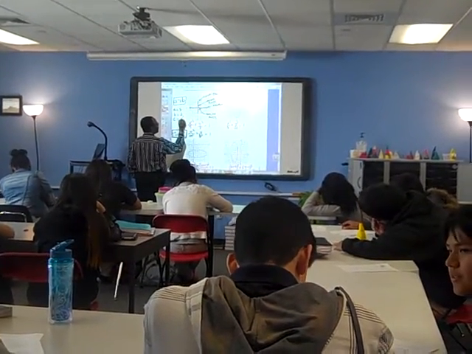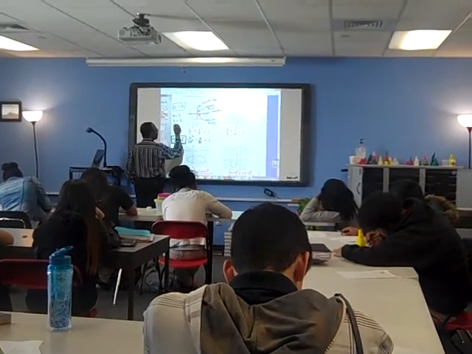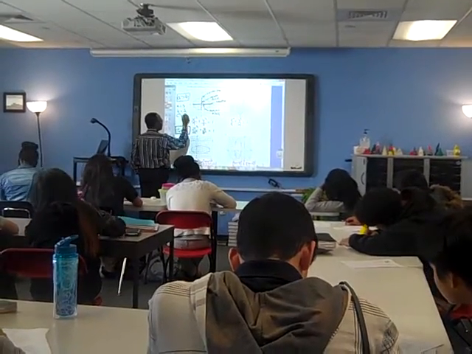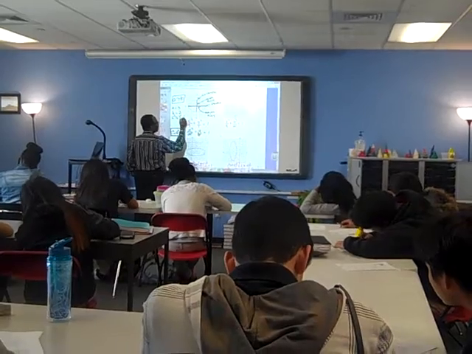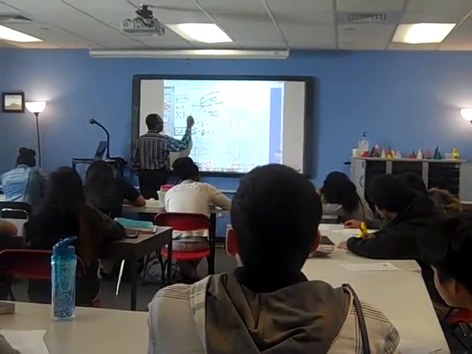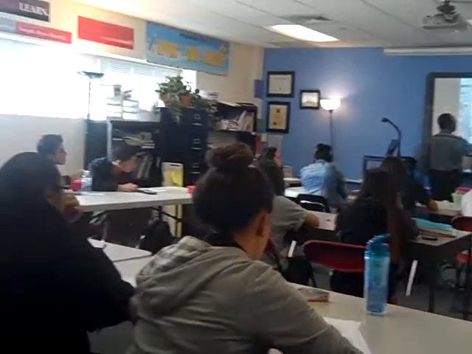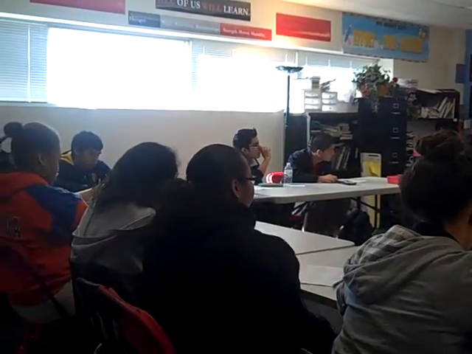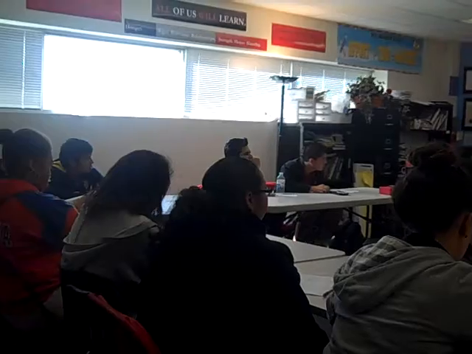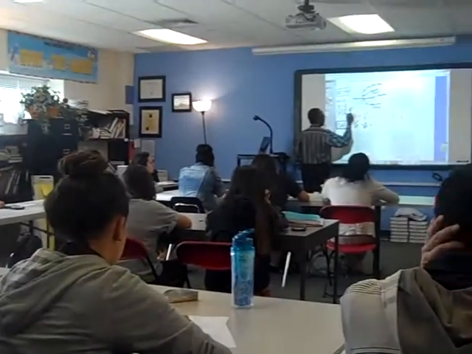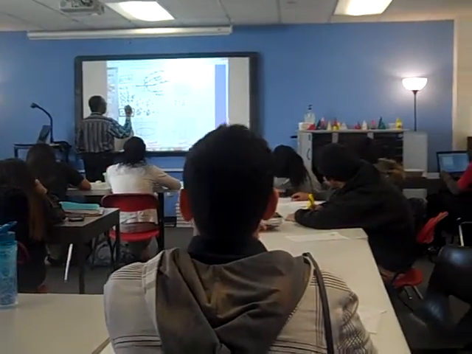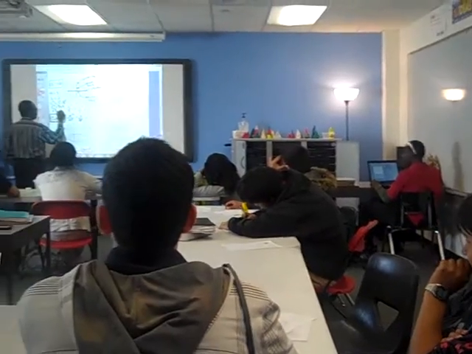So there we go. C squared equals 3 squared minus what? 4 squared. So C squared equals 9 minus 2 squared. That's 4. C squared equals 5.